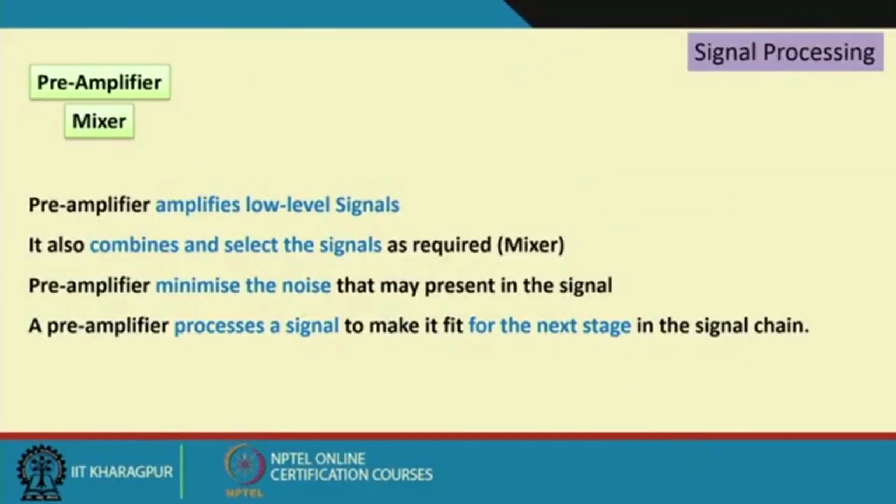And then it will do a very slight, low-level signal amplification. In this process, the preamplifier will also minimize the noise. If there is noise which is not wanted for the final delivery, that noise has to be minimized by some kind of screening and filtering in this preamplifier system.